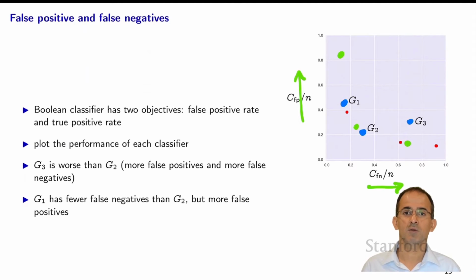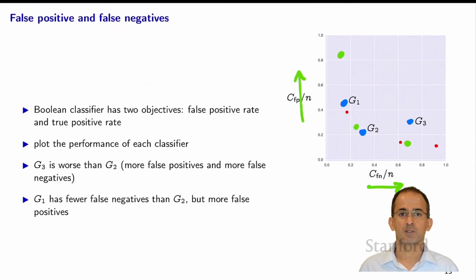But if I've got G2, I would use G2 over G3. Now, if I compare G1 and G2, well, that's not so easy, because G1 has a smaller false negative rate, but a larger false positive rate than G2. And those two classifiers are incomparable. Choosing between them is up to you, the designer of the system.